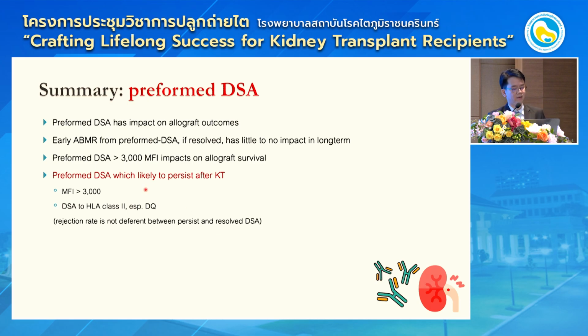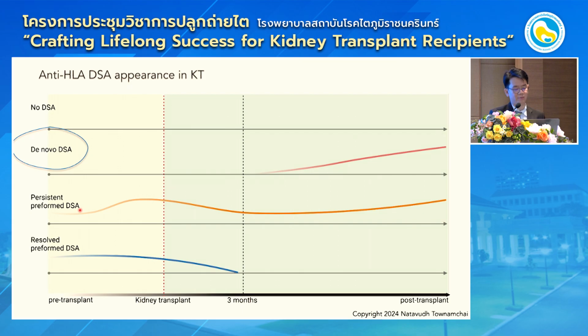And the factors that make pre-transplant DSA likely to become persistent and not resolved after transplantation are the high MFI before transplantation and the DSA to HLA class 2, especially DQ. And now I would like to move to the de novo DSA, or those patients who never have pre-transplant DSA at all.